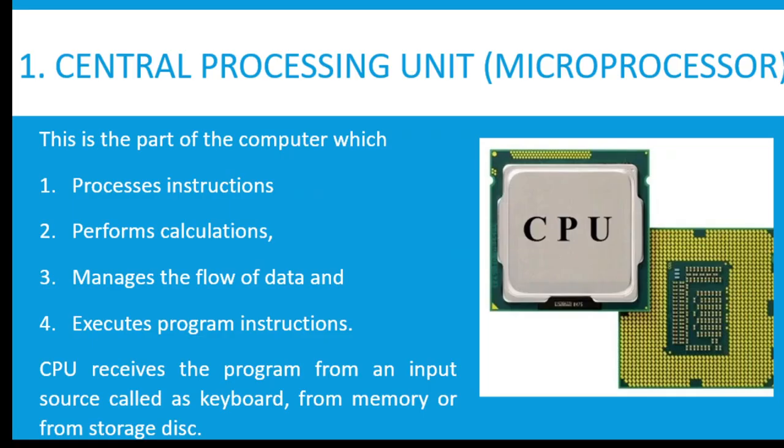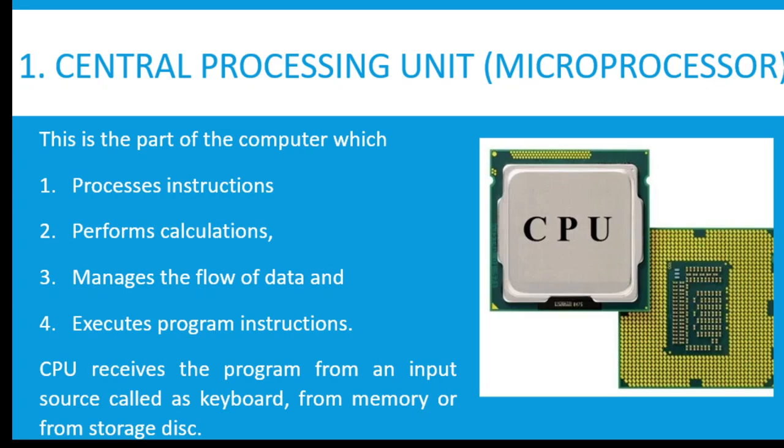Proposition number 1 about hardware. So, in hardware, the most important part of the computer is the central processing unit, which is also called the microprocessor. This part of the computer is concerned with processing instructions, performs calculations, manages the flow of data, and executes program instructions.